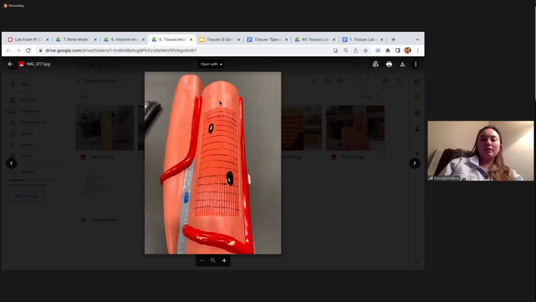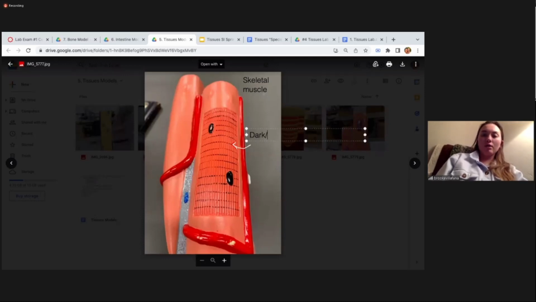This model is our skeletal muscle. So obviously you need to know that it's skeletal muscle. And then you would want to know the striations. So what I had already talked about, now we're going to ask you guys to label them to make sure you understand the concept. For the exam, you could be asked to label the striations. So remember, dark A band equals what?